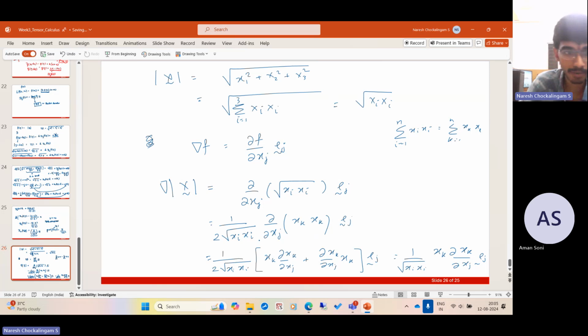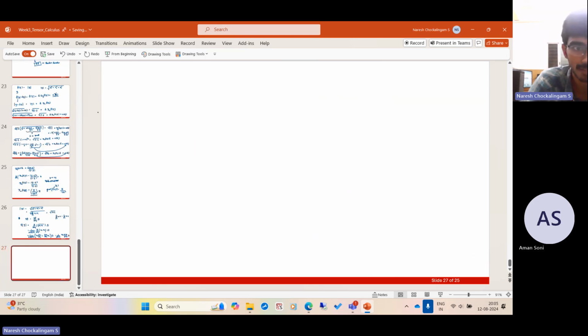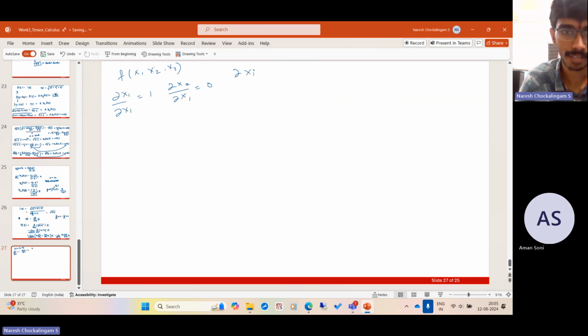What is dou xk by dou xj? Think about it like this. You have a function f as a function of x1, x2, x3. What is dou x1 by dou x1? It is 1. These are the independent variables. The indicial variables are all independent, so dou x2 by dou x1 is 0. So what is dou xi by dou xj?